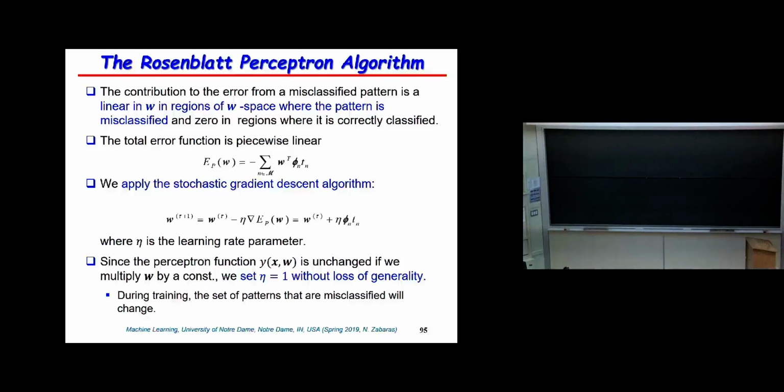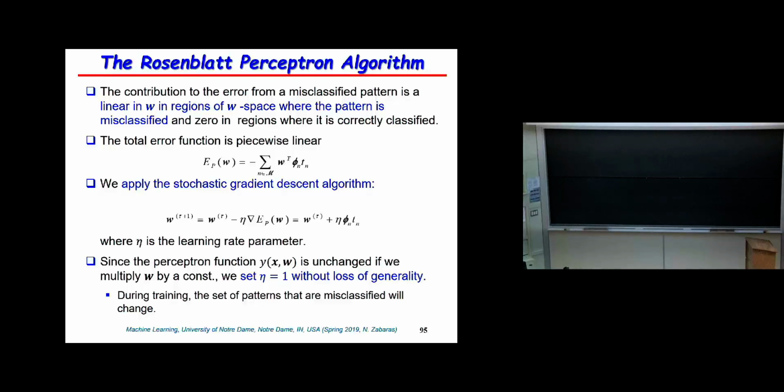If a point is in class 1 and is misclassified, how do I update according to this formula? If a point n is in class 1, has label Tn equal to 1, and my algorithm misclassified it, I would update the parameter Wt by adding phi n, if Tn equals 1.